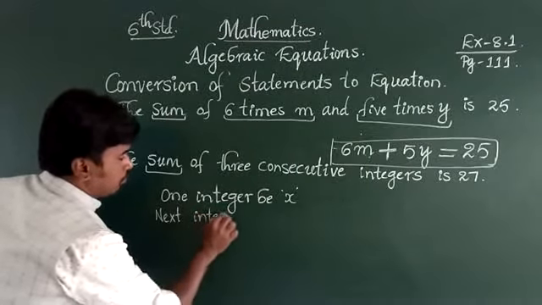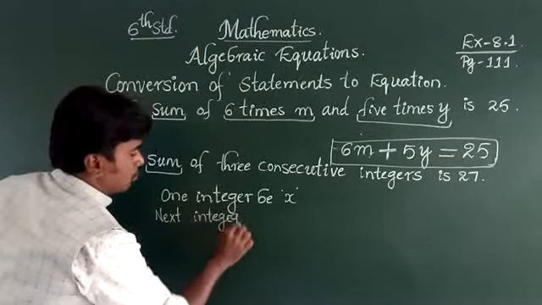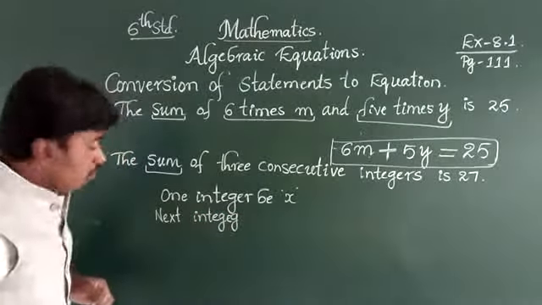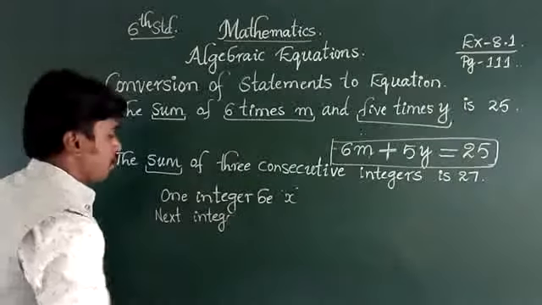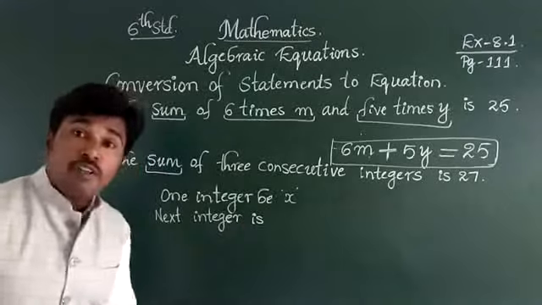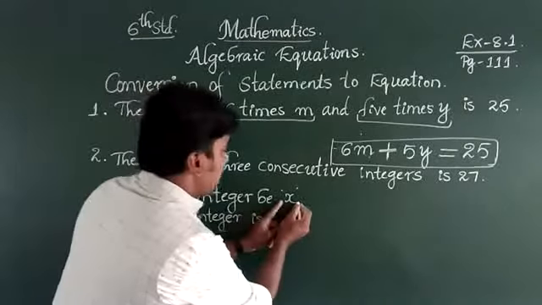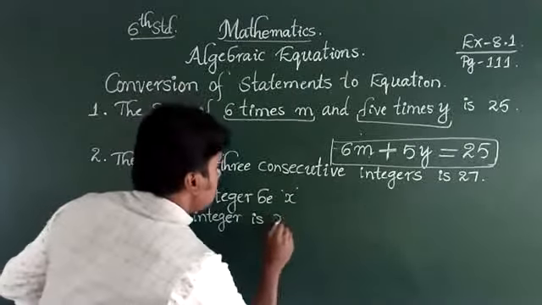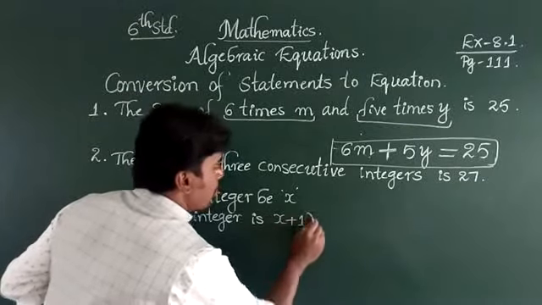What is the next consecutive integer? If x is one integer, then the next is x plus 1.